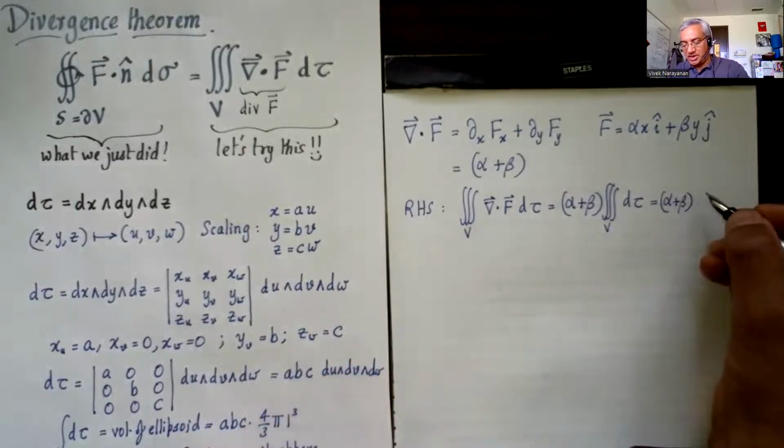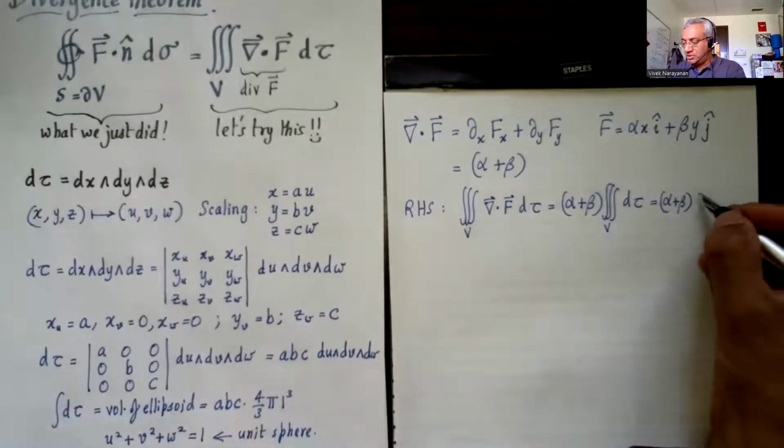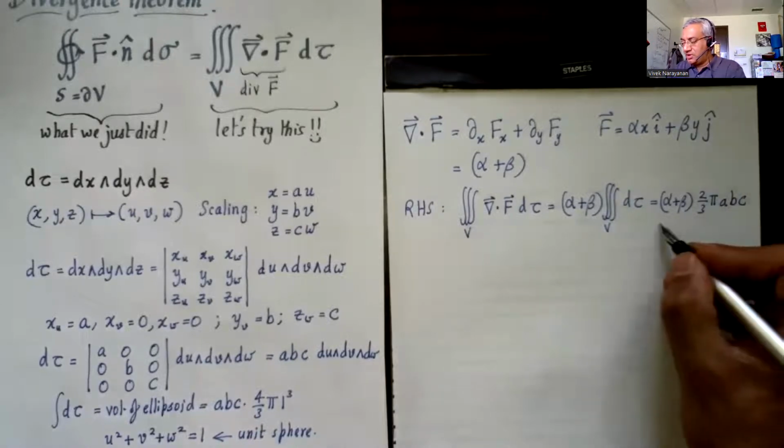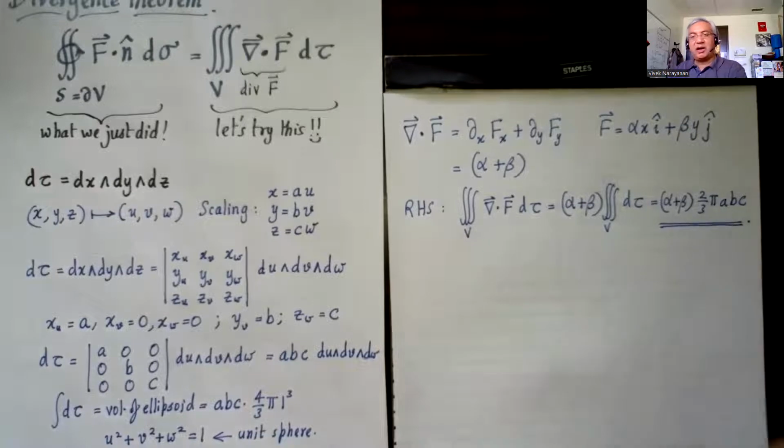That's going to be half that volume, 2/3 pi abc. A much simpler calculation, if you don't mind my saying so, although the first calculation did have its pretty moments and surprises, such as the cancellation of the norm of the normal vector.